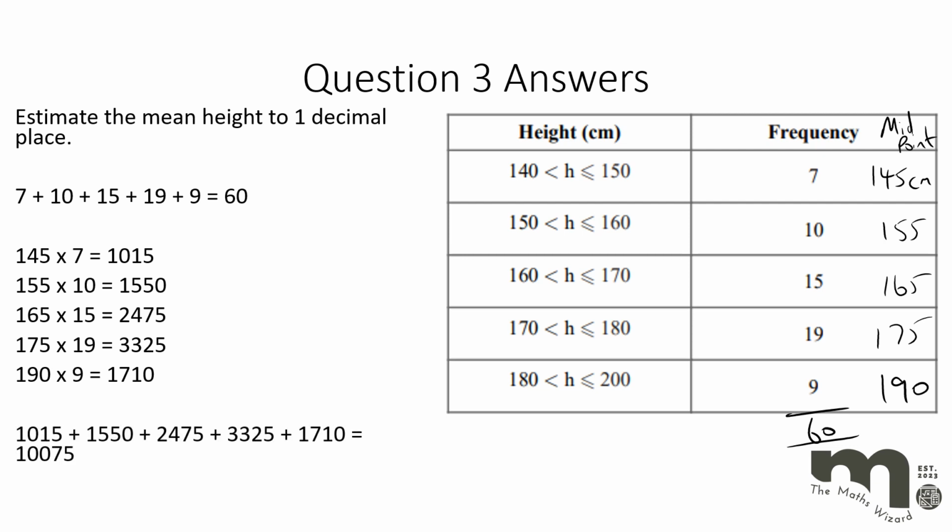If you add all of that up, you get 10,075, so that's the total height of all of the tomato plants, and then if you divide that by 60, we get a mean height of 167.9 centimetres. So the main difference with these, remember, is we're using the midpoints to do our estimate rather than the exact values like we were in the first 2 tables.